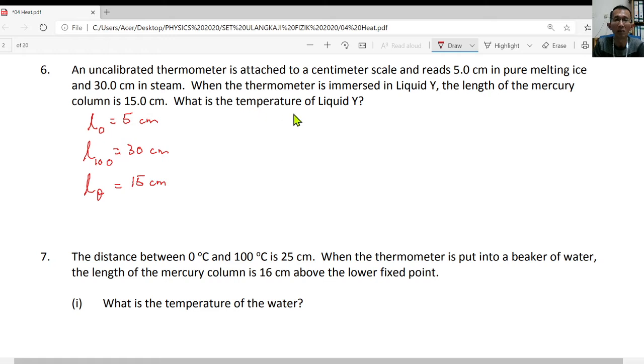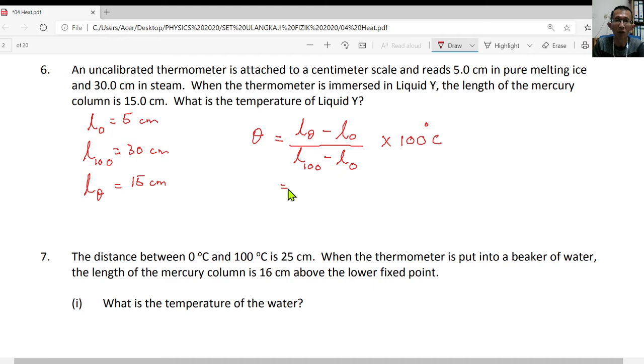Find the temperature. Our formula is theta equals L theta minus L0, divided by L100 minus L0, multiplied by 100 degrees Celsius.